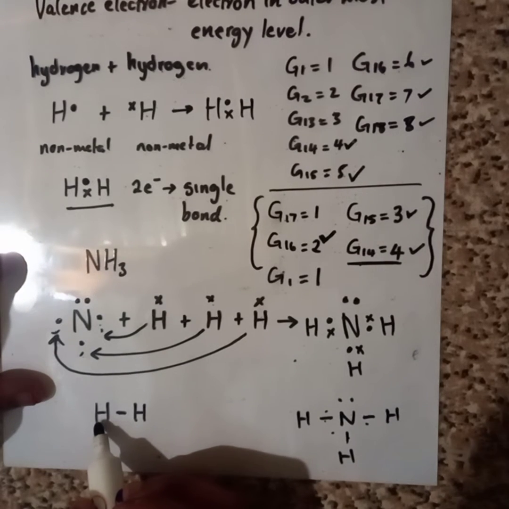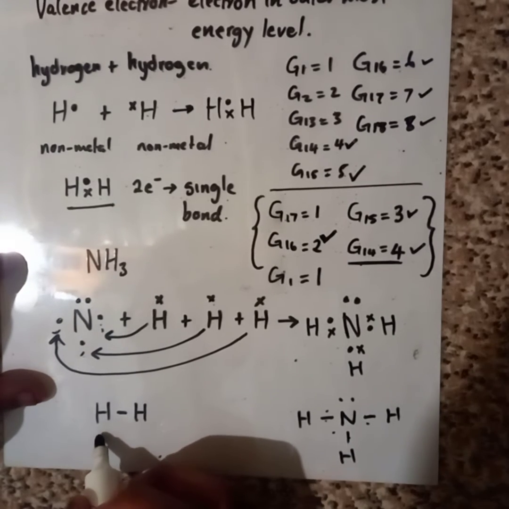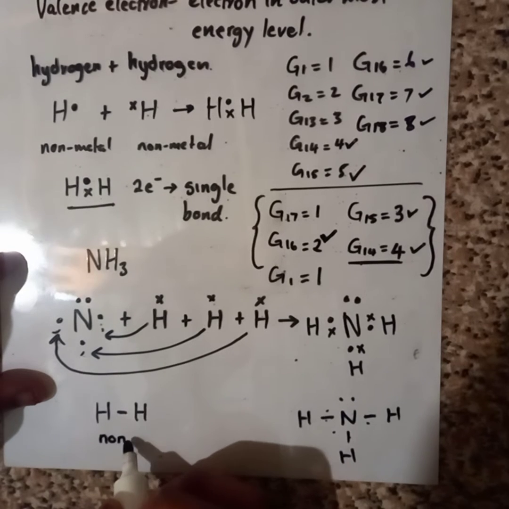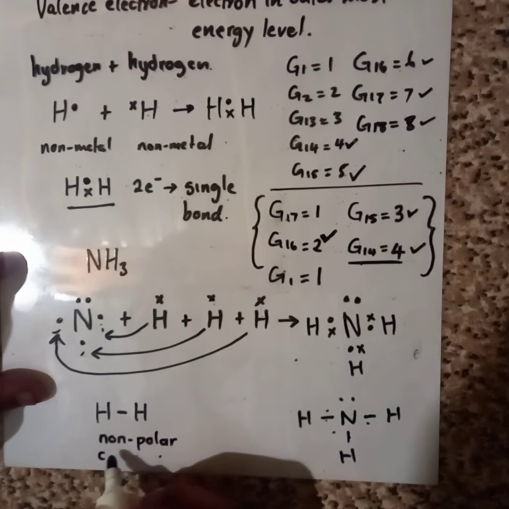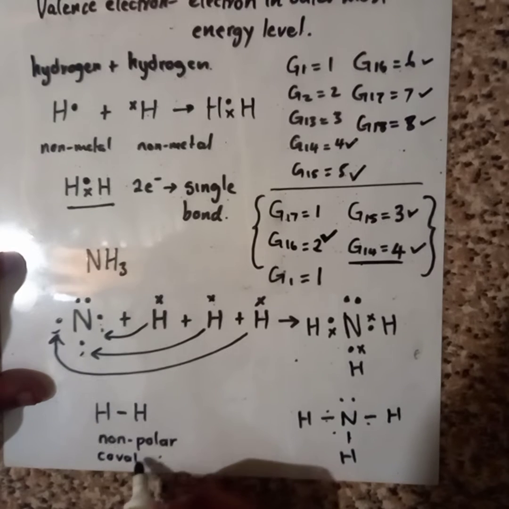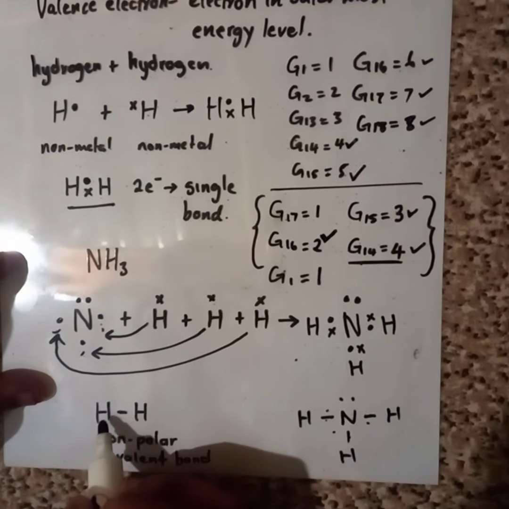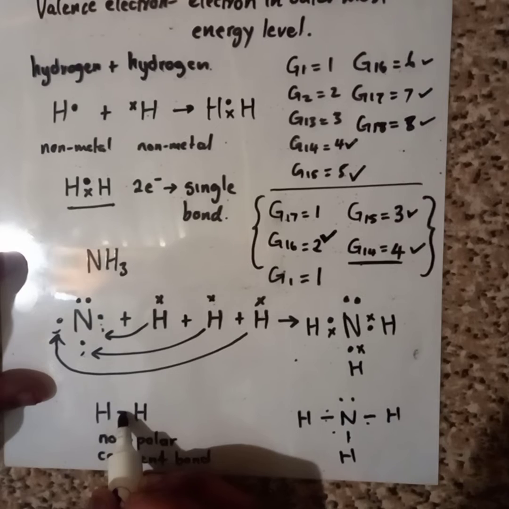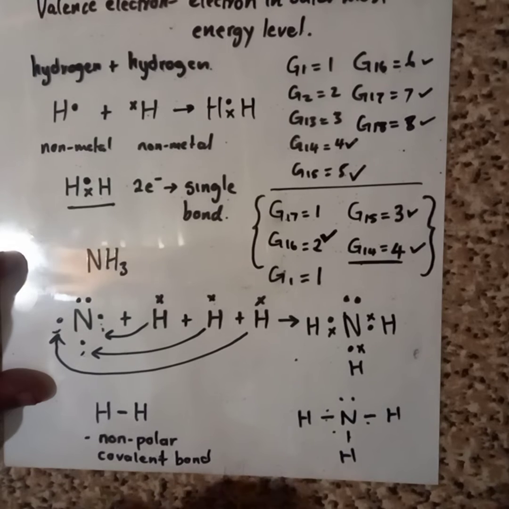If we have the same element sharing electrons, we get a non-polar covalent bond. Covalent bond. You see, if we get a bond between 2 of the same, it's a non-polar covalent.